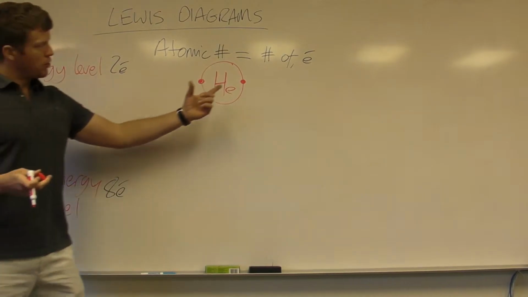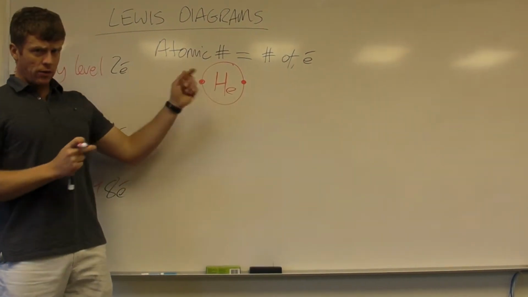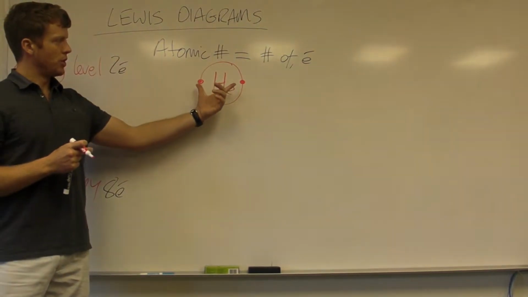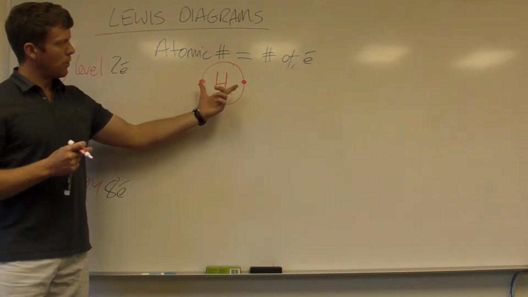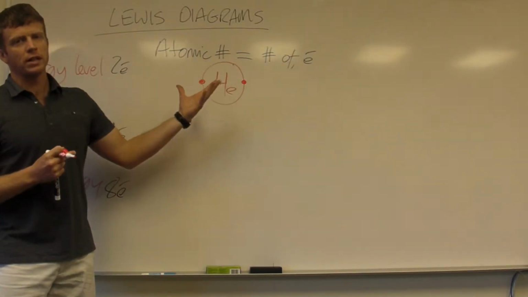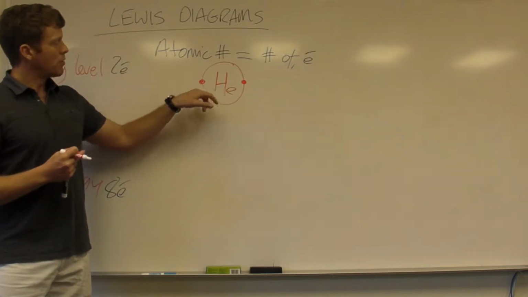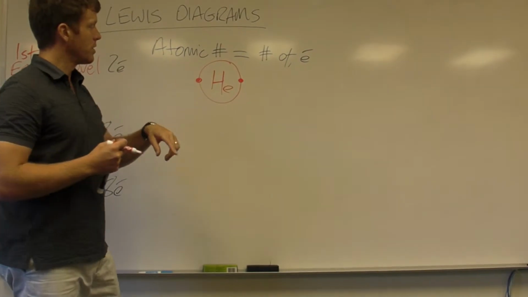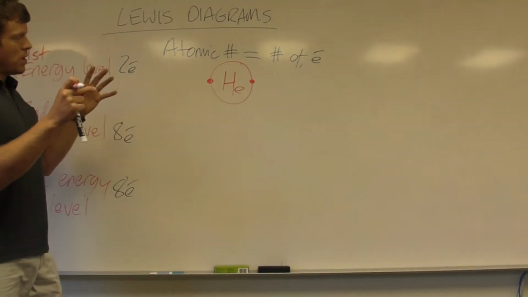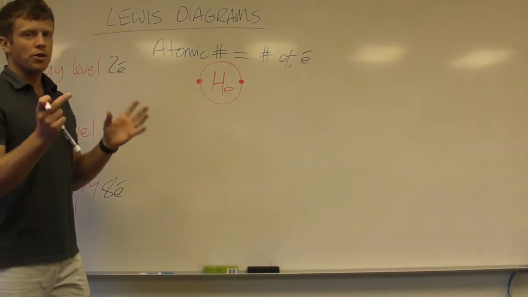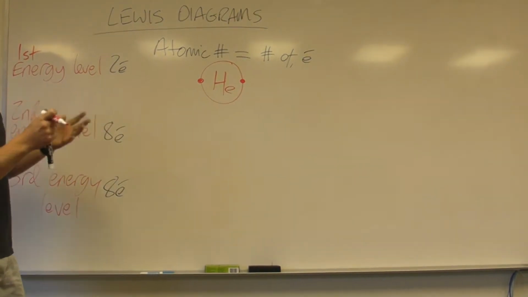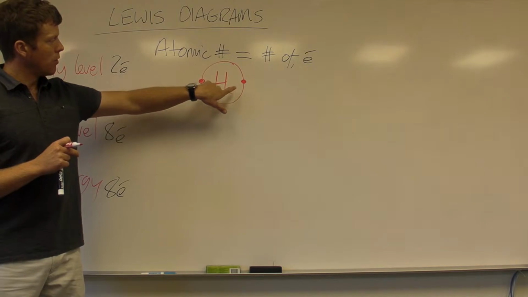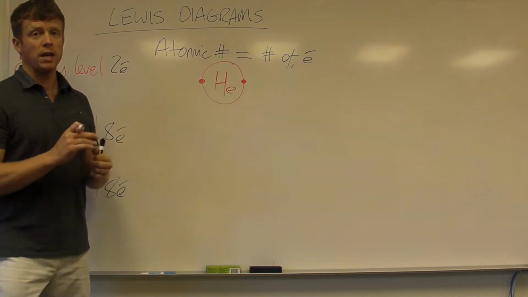And there's a reason why we draw them in this first energy level at opposites, because remember they've got negative charges, and we're actually trying to show, we'll learn more about this later on in the course, but electrons have different spins, they spin in opposite directions, so they're not together. They do start to pair up as we add more, and I'll explain that in a second. But in this first energy level, you're going to draw them opposite from each other. So that would be helium.